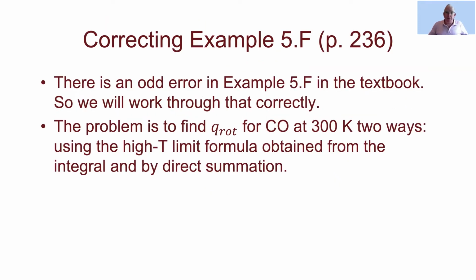I'm going to do a little bit of work here to work through what is example 5.f in the textbook. Page number reference is on the slide there. And the reason we're going to do this, we wouldn't normally work through something that's an example in the textbook because that seems almost redundant, but it turns out that in the printed textbook, at least, this example is significantly wrong.